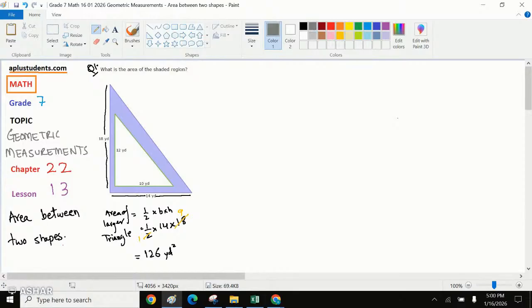Okay. So can we find the area of the smaller triangle? If we need to find the area of the smaller triangle, can we say that half times base times height? What is the base of the smaller triangle?